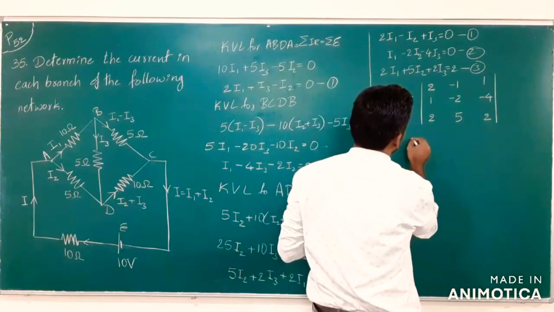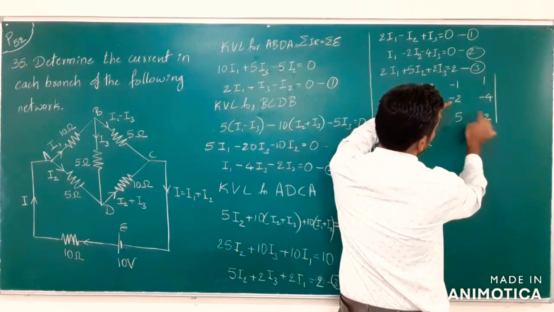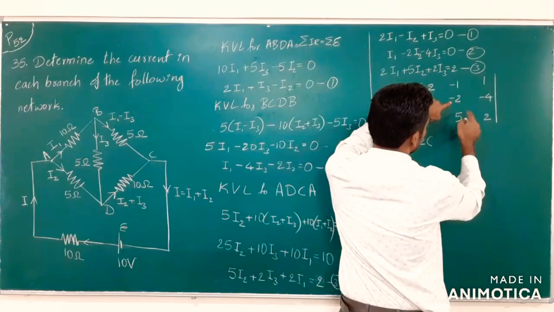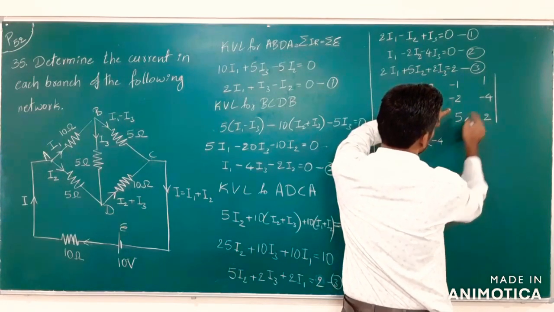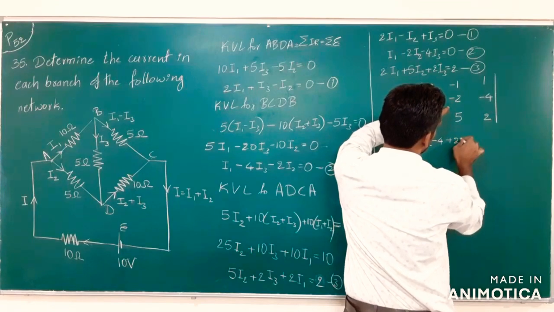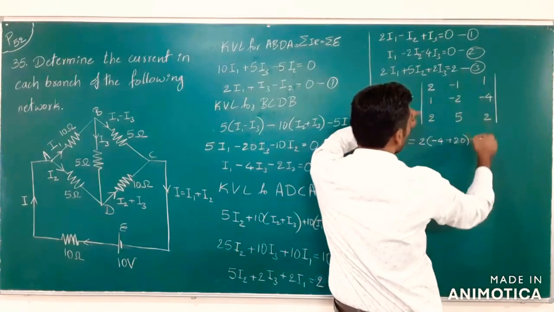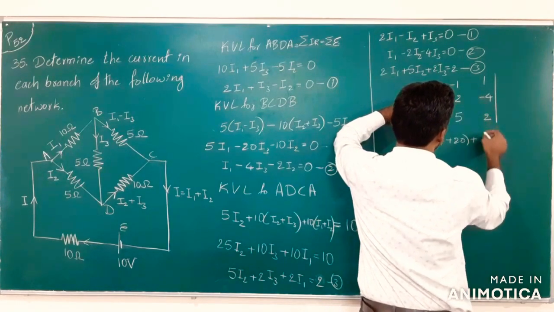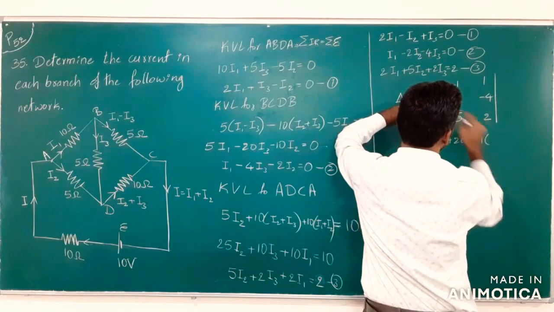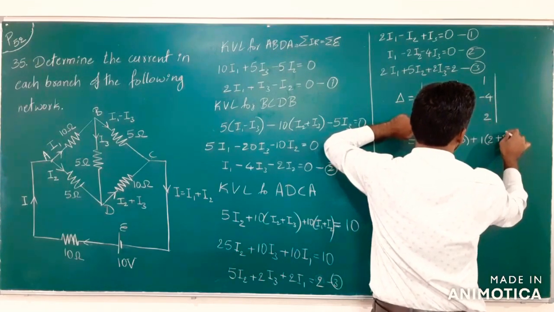What is the value equal to? So look, it is 2 times (2 into 5 is 10...) the first term: minus 4, minus of minus plus 20, right? Minus into minus plus. The second column, what you have here is simply 1. 2 ones are 2, minus into minus plus 4 twos are 8.